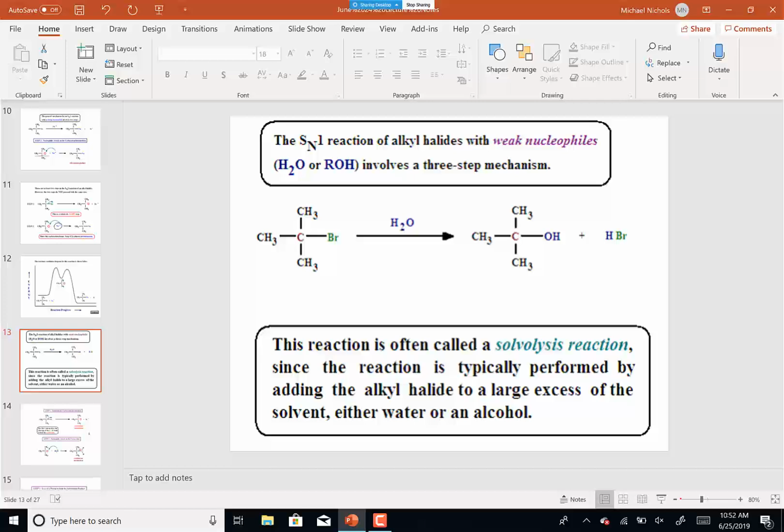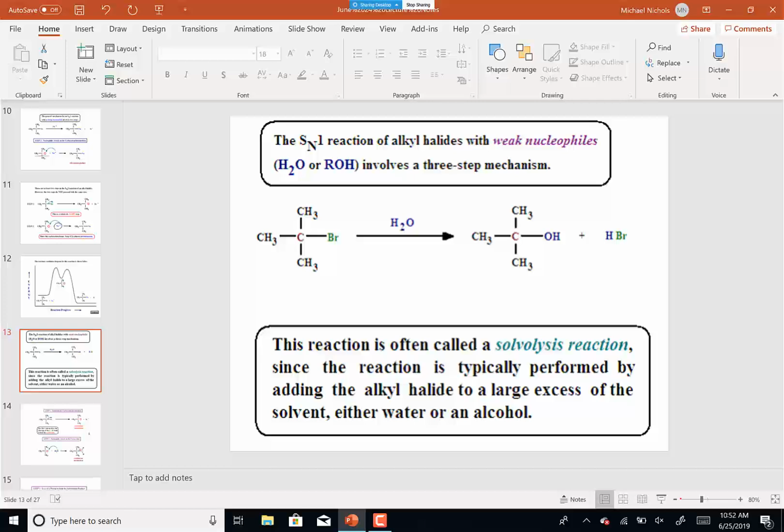Any nucleophile that's rich, regardless of its richness, is going to donate to that extremely poor carbocation. So a nucleophile that is not negatively charged but does have lone pairs can donate to that electron poor carbocation.